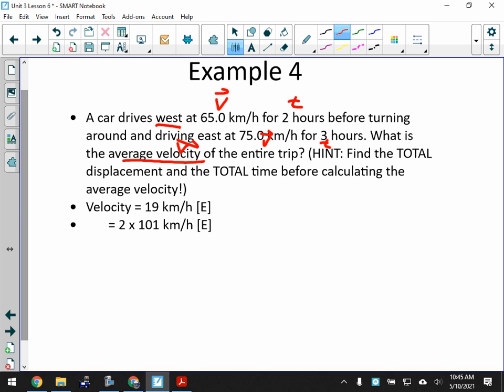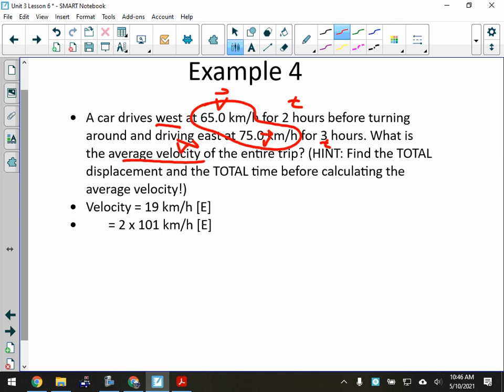Well, unfortunately, it's not just as simple as saying, well, look, I'm going to take 65 kilometers an hour and average it with 75. It's not that simple because, if we just average that, that's 70 kilometers an hour. That's obviously pretty easy. But remember, we also have two different directions we're going.